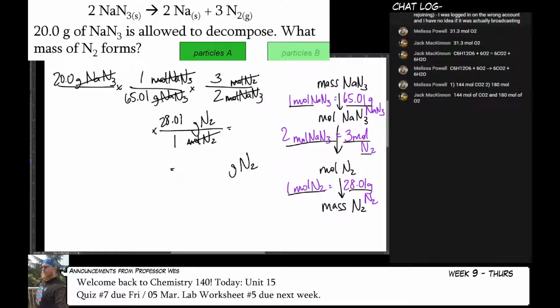Now we put it all in the calculator. What do you get? 20 times 3 times 28.01 over 65.01 times 2. I got 12.9 grams of N2.